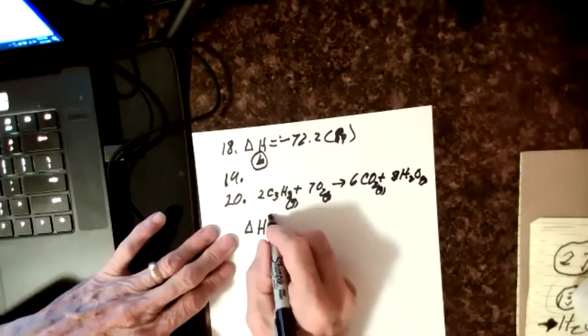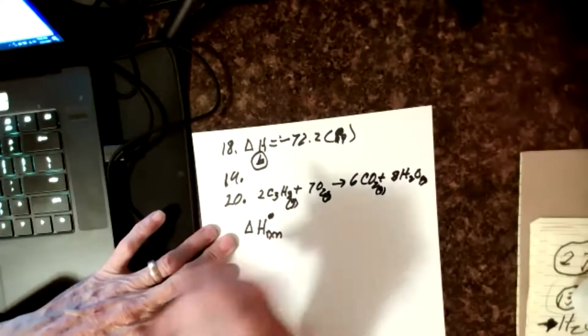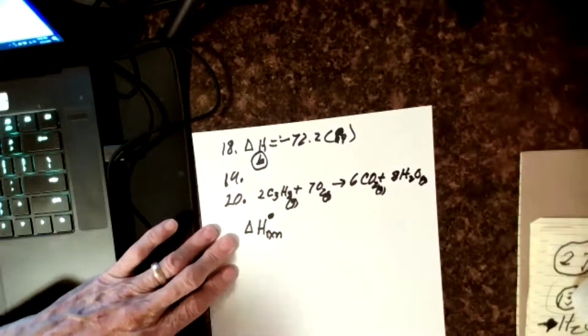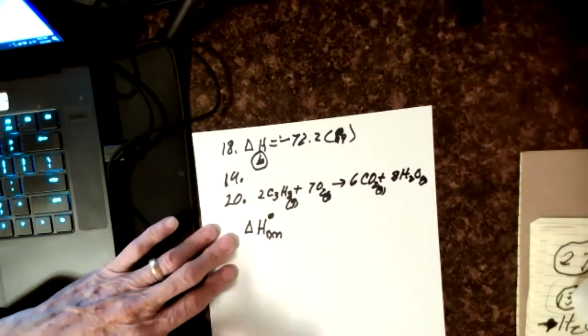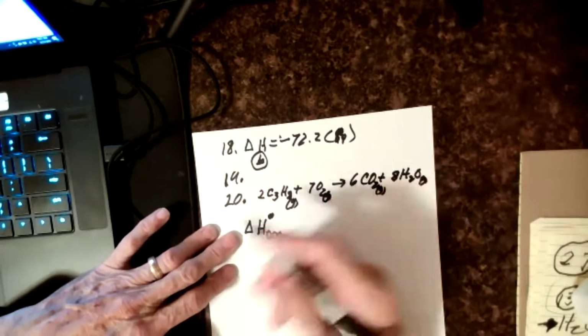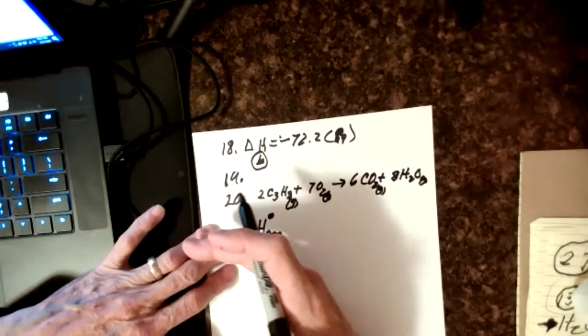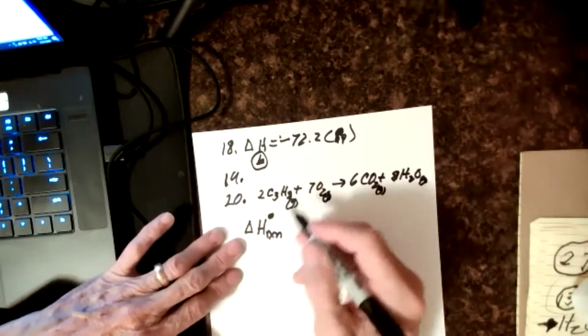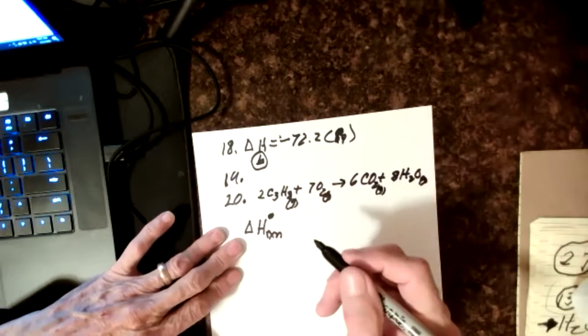We put a little superscript up there meaning the standard state value. What that means is what we just talked about a while ago. It means a setup that has 1 atmosphere pressure of each gas present, and temperature is 298 or 25 degrees Celsius for us.